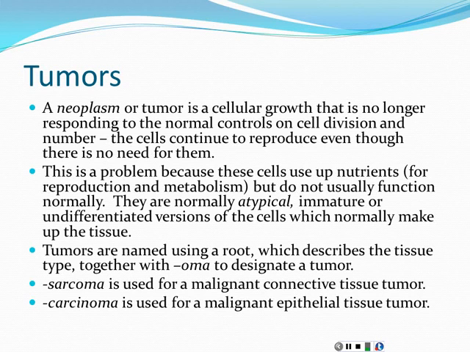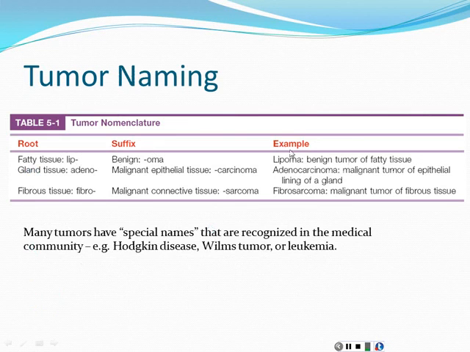Because most tumors come from those two tissues, sarcoma is a connective tissue malignancy. That's actually a cancer. And a carcinoma comes from epithelial tissue. You'll see these used in a variety of different ways. Fatty tissue is lipid, so we call a fatty tissue tumor a lipoma.